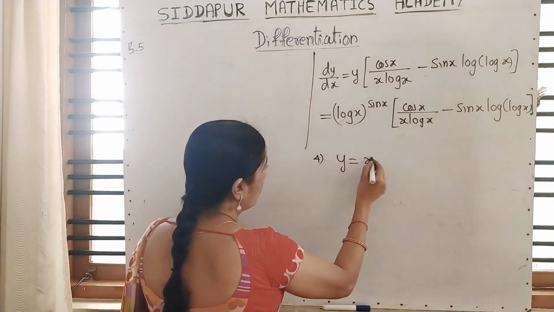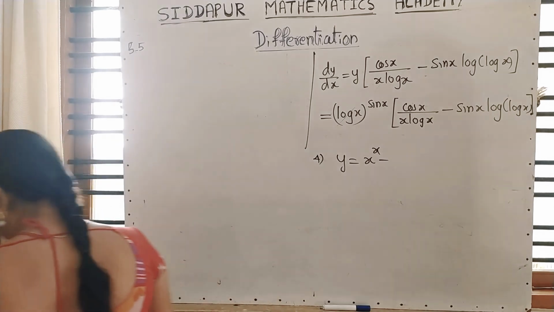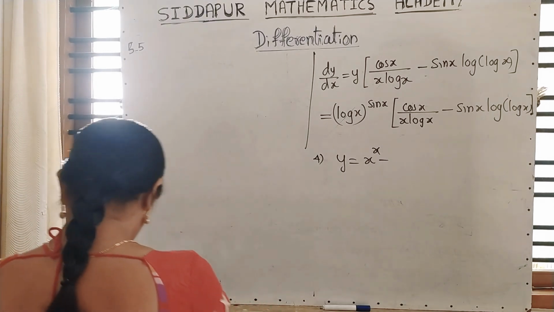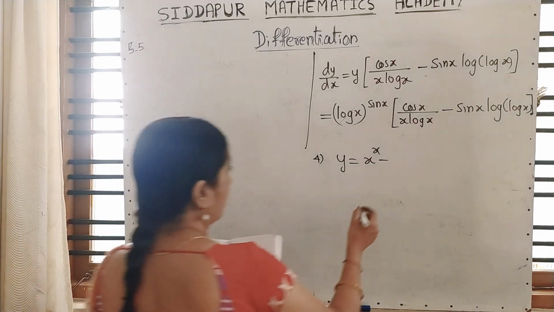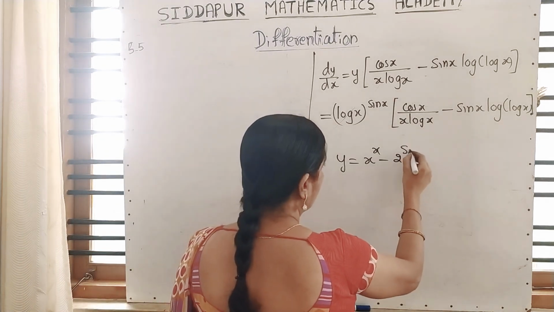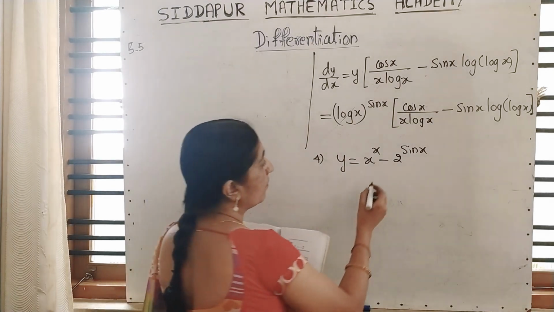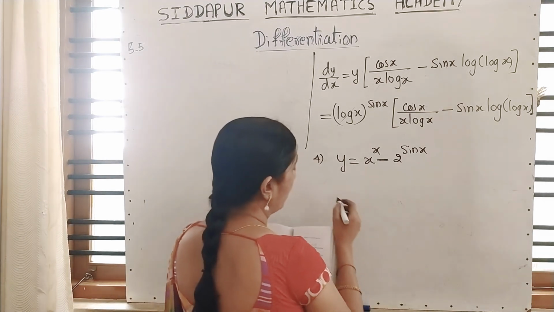Y is equal to x raised to x minus two raised to sin x. And in between the terms, if middle minus or plus, you cannot take log directly.